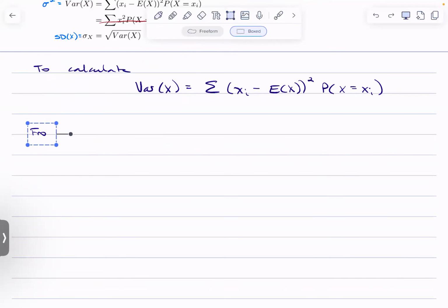Let's bump this down here. From a probability distribution or model.